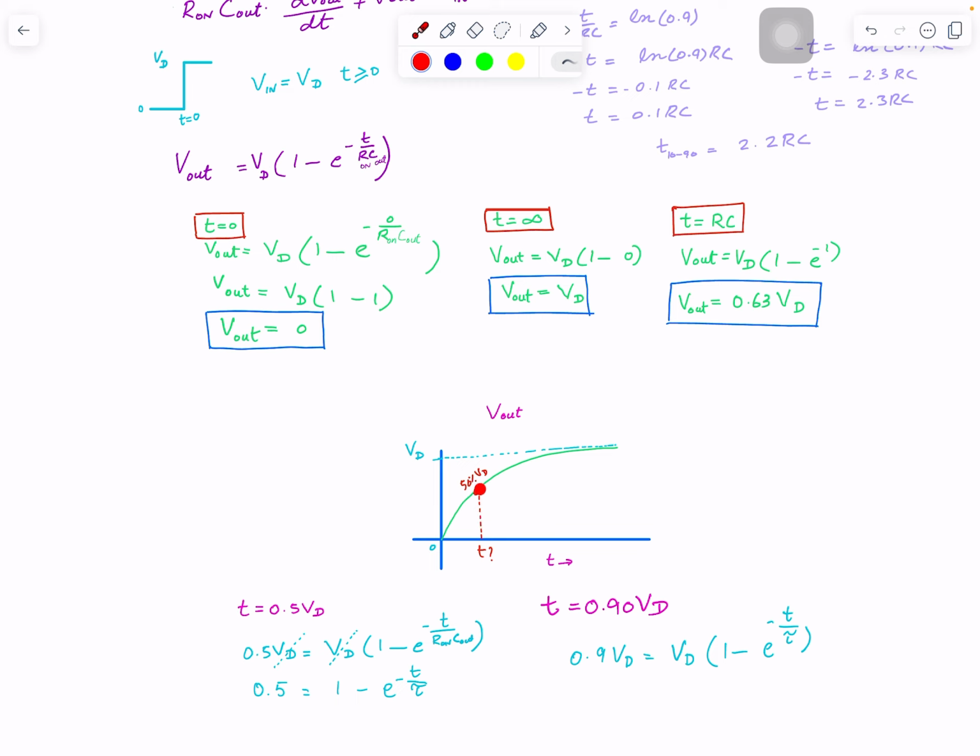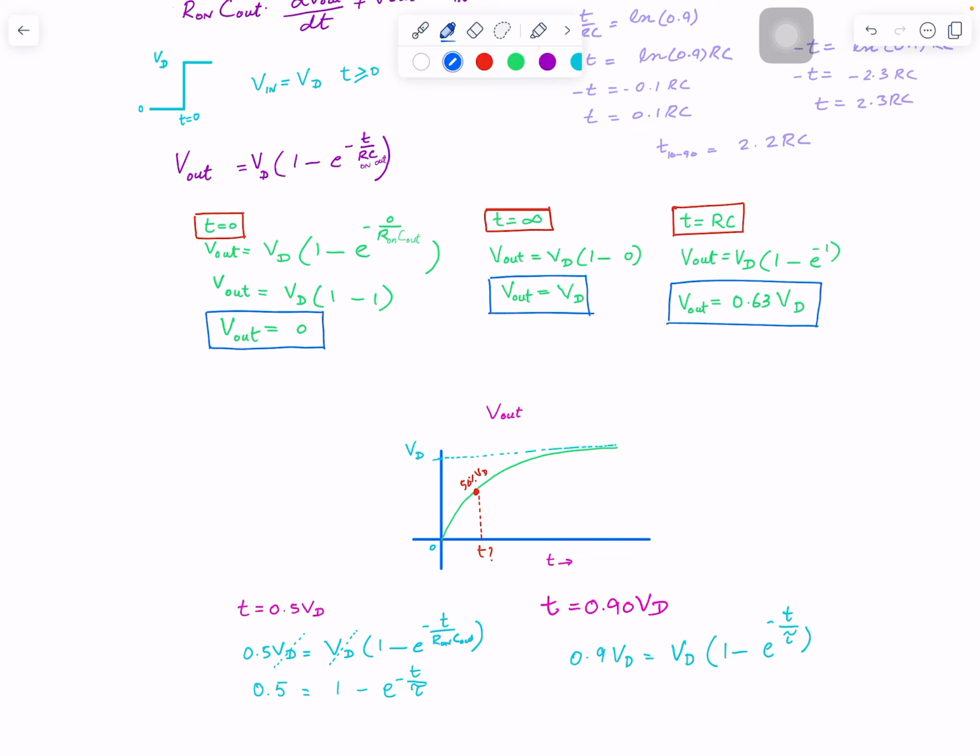I know in the waveform I said 50% point here, but really our input in this case is happening here, right? So 0 to 50 is the same time. Sorry if I'm not making sense.